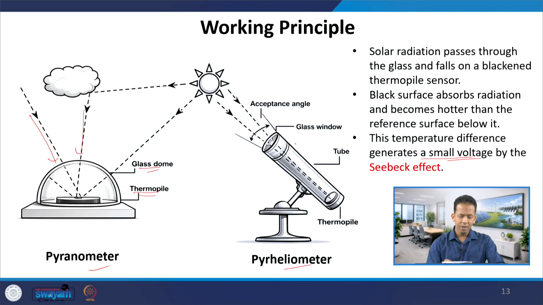Similarly, in the pyrheliometer we have a glass window through which beam radiation enters, and at the bottom of the tube we have a thermophilic material connected with a reference surface below it. This black surface absorbs a lot of radiation and becomes hotter, while the reference surface below it is at a lower temperature. That difference in temperature generates a small voltage in both of these equipment, and that voltage causes current to flow, and then accordingly the readings are converted to the radiation value.